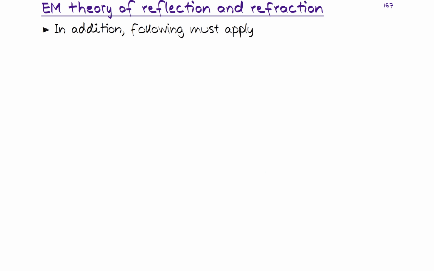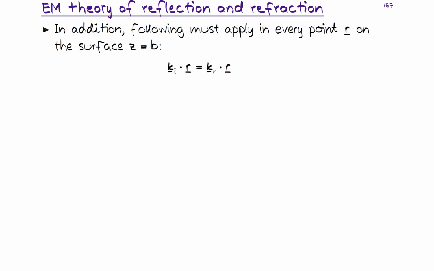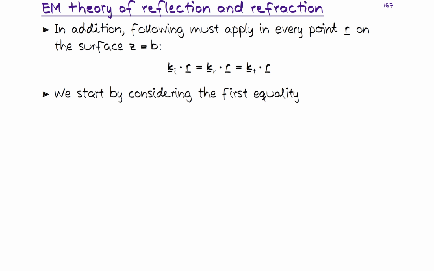And now we can also think that this condition must apply at every point r, and we can just let time t be 0, and this point r is on the surface defined by z equals b. That gives me the equality that k_i dot r must be equal to the dot products of k_r and k_t respectively with r.